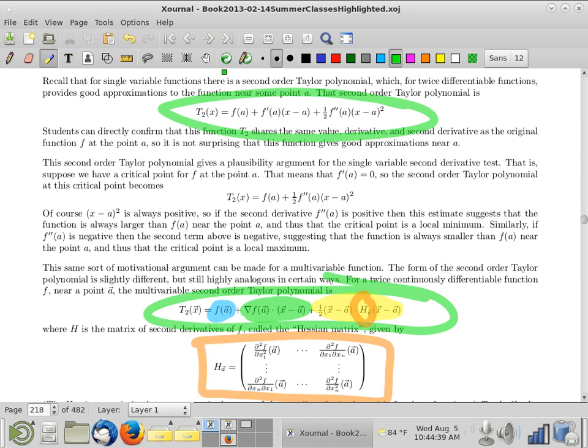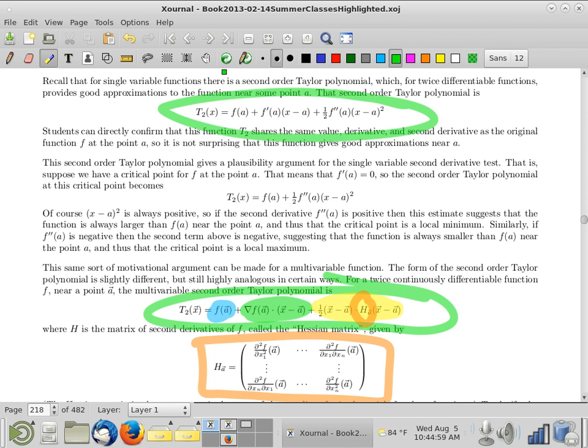This polynomial has the same value, the same derivative, and the same second derivative as the function f. And you can just write down, plug in x equals a, see what the value is, and t2 of a is f of a. Take the derivative, note t prime is f prime at a, etc.